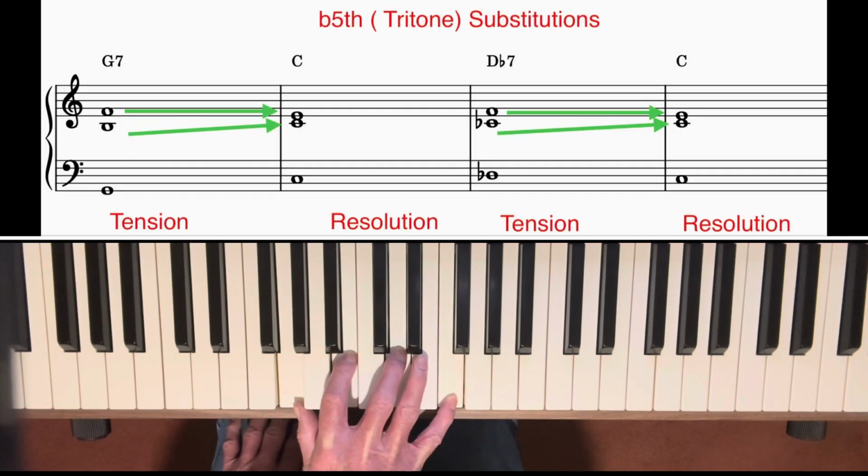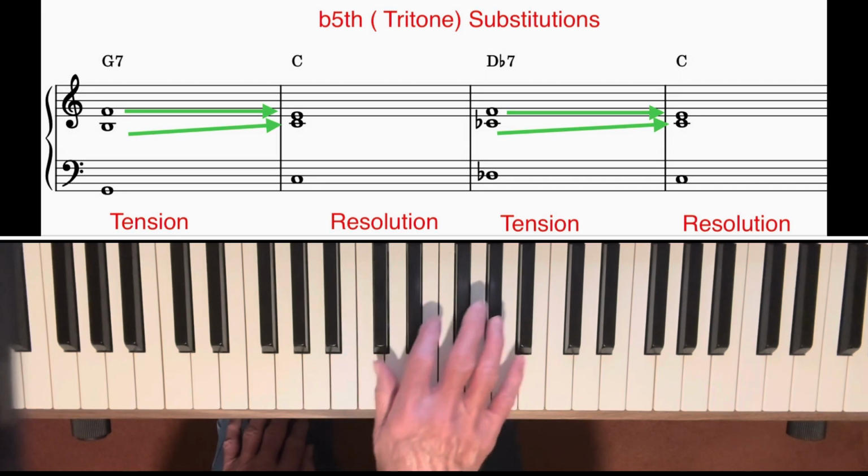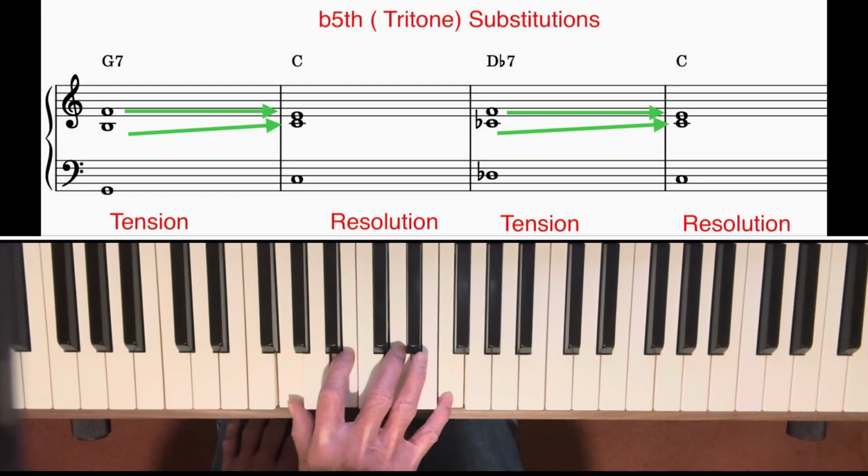The fifth of a G7 chord is the note D. If I flatten it, make it D flat, and then on that note build another dominant seventh chord, a D flat 7 chord, we can often substitute a D flat 7 chord for a G7 chord.